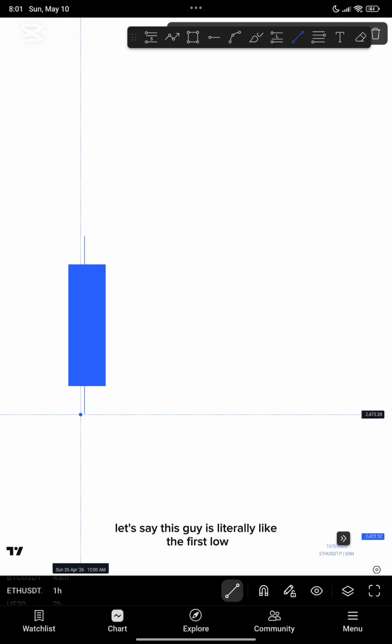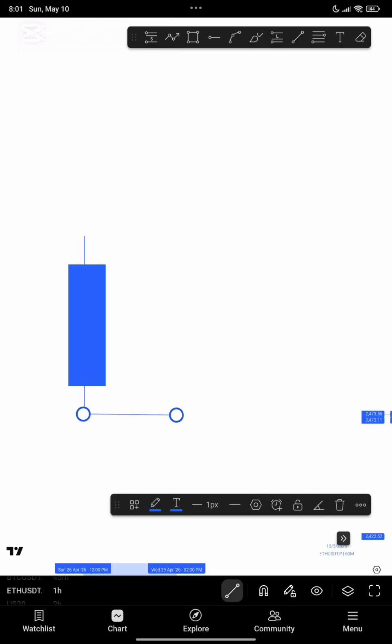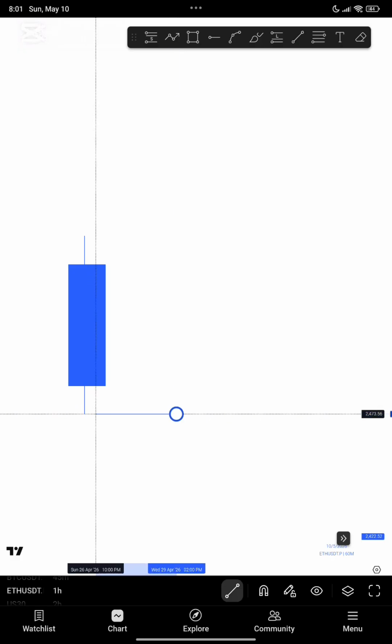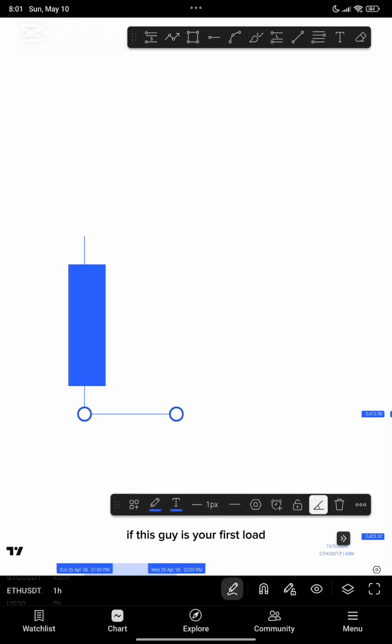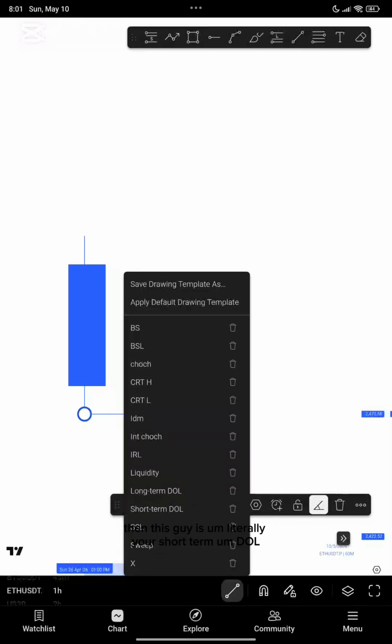Let's say this is the first low, then this is your short-term DOL.